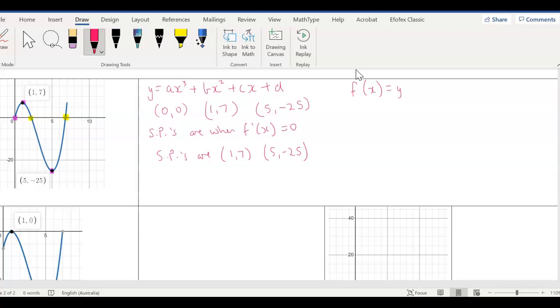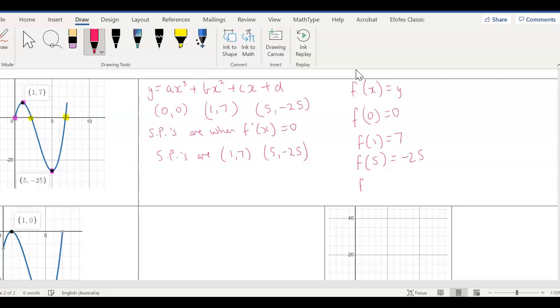I don't have to write that all again. f of 0 is 0, so you don't have to write ax cubed plus bx squared plus cx plus d. f of 1 is 7. f of 5 is negative 25. So we're just substituting in those points.